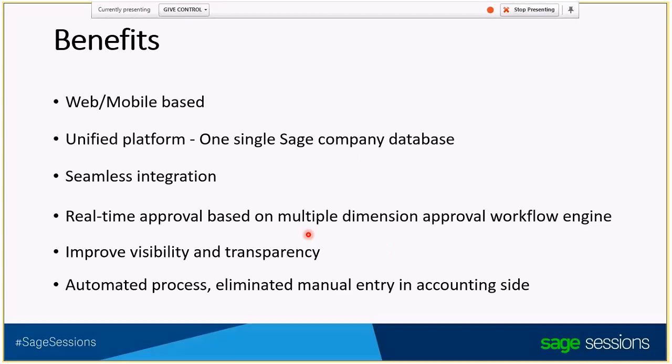And with the robust approval workflow engine provided by Resource Manager, you can build conditional workflows based on your real business scenario. You can assign a supervisor, line manager, project manager, department manager, or even a customer role as the approver.